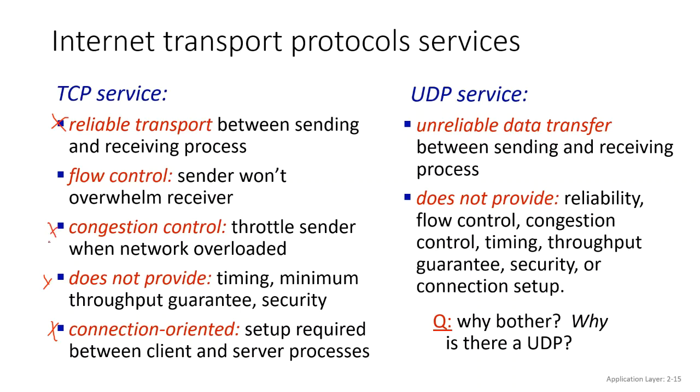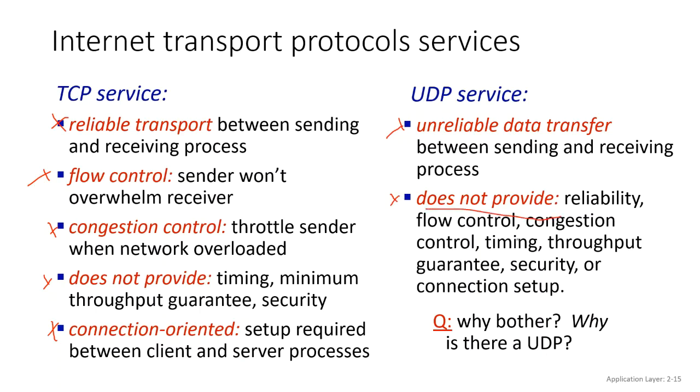the speed of sending and receiving the message is agreed upon by all the parties involved, and it makes sure that the sender doesn't get overwhelmed, because there's that connection between the two, and they can communicate upfront. UDP does not do any of these. It's a very unreliable data transfer because of whatever it doesn't do.